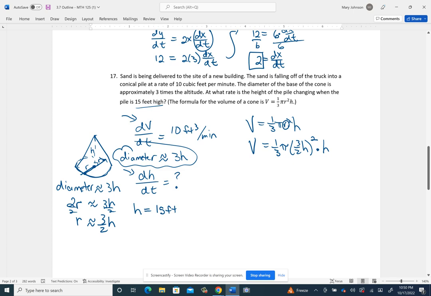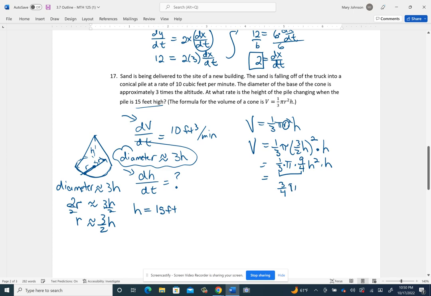I wish I had my calculator with me. I don't. Oh well. You can do a lot of your fraction work on the calculator if you need to. This one's not too bad to start with. That would be 1/3 times pi times 9/4, 3 squared over 2 squared, times h squared times another h. Okay, so my formula kind of transforms when I put these together. That would be 3/4.